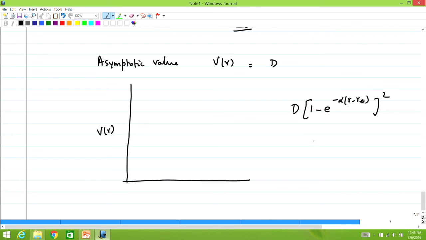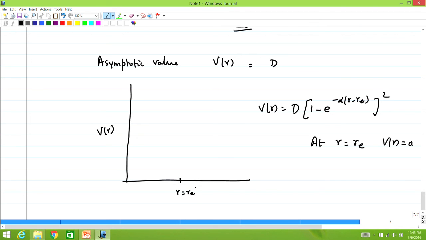At R is equal to Re, the exponential has 0 exponent, and therefore, it is 1, and therefore, 1 minus 1 is 0. So, the V of R is 0. Therefore, V of R is 0 at R is equal to Re.